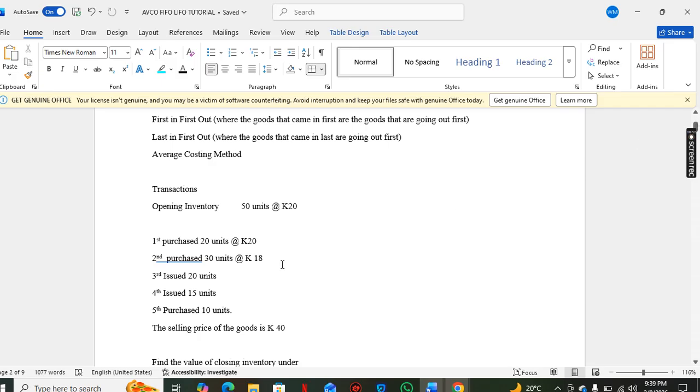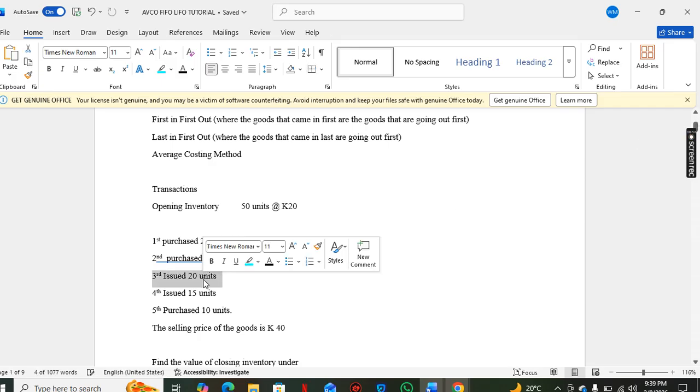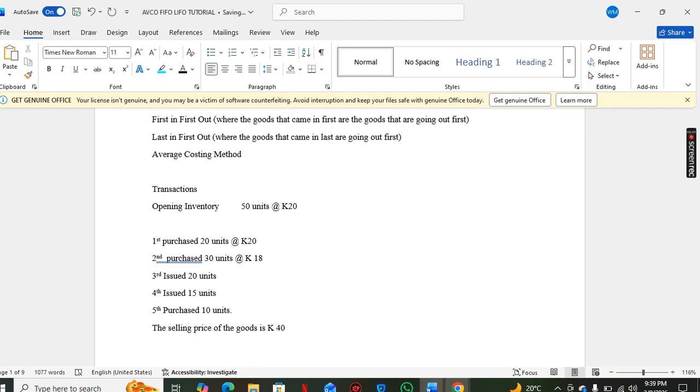Now on the third, we issued 20 units. So colleagues, here's another important note you should remember. Whenever there is an issue or sale, value the inventory at cost.